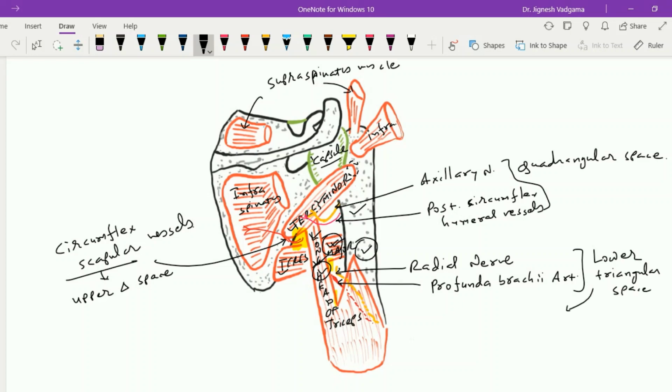This lower triangular space is also called the triceps hiatus.